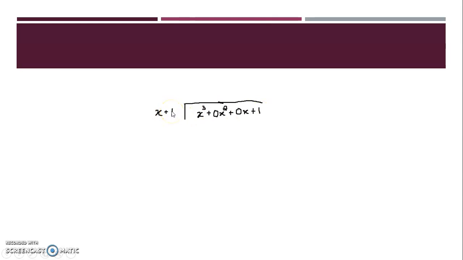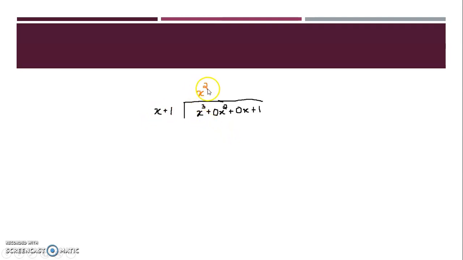Okay, so we look at the first term, we have x cube. So we have to find some term, so that when we multiply this whole thing by that term, the first product, something into this x, should give us x cube.